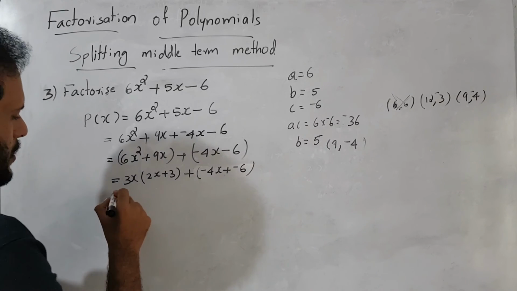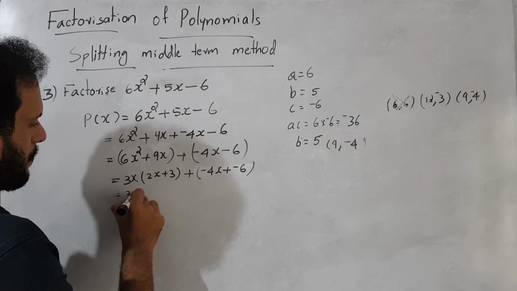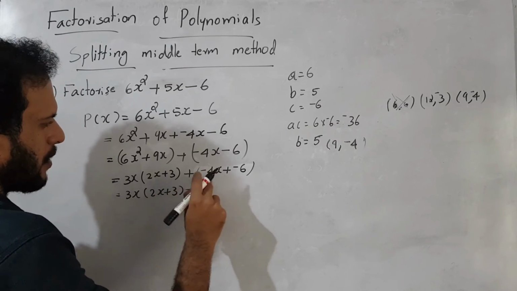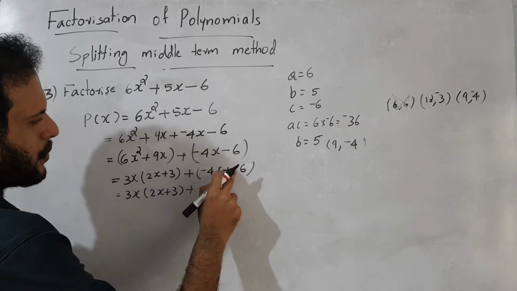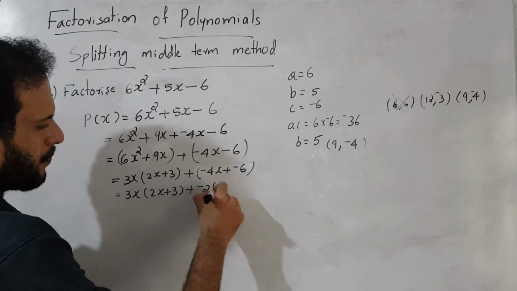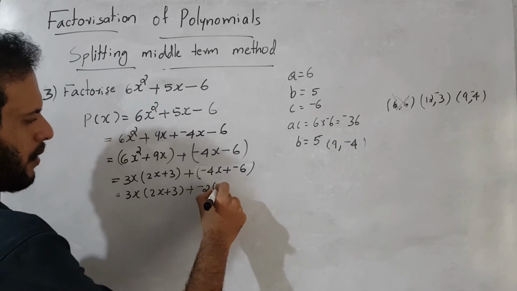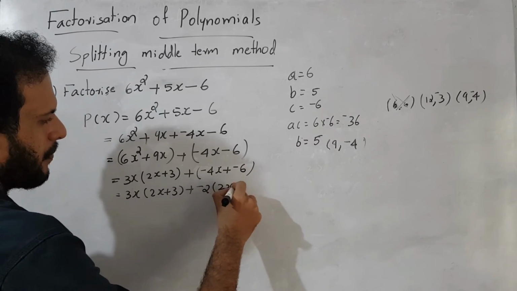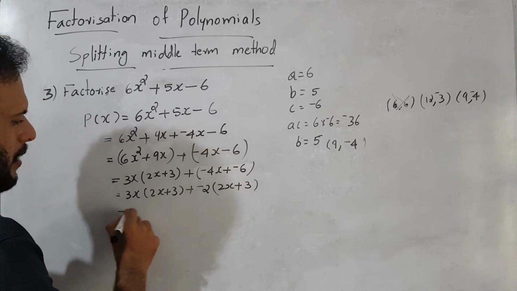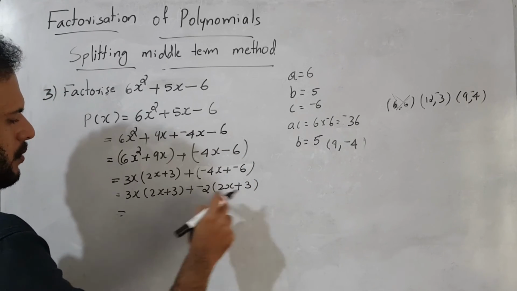Then one more step: 3x into 2x plus 3 plus, what is common here? Minus is common and 2 is also common, so we take the minus 2 out. Then what is remaining? 2x plus 3. Now it is very clear, 2x plus 3 is common in both.